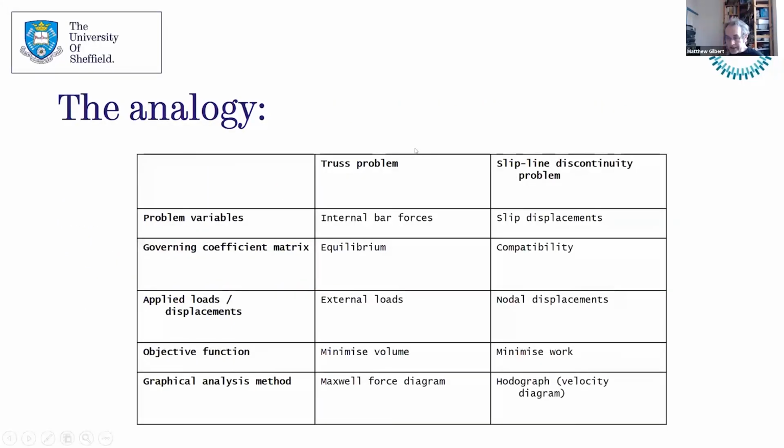So what does the analogy look like? Well, if we look at each of the problems in turn, we've got the truss problems where we've got internal bar forces, equilibrium, loads, and so forth. Then they map against an entity in the slipline discontinuity problem. So instead of dealing with internal bar forces in the truss problem, we're dealing with slipline displacements in the discontinuity problem, and so forth.